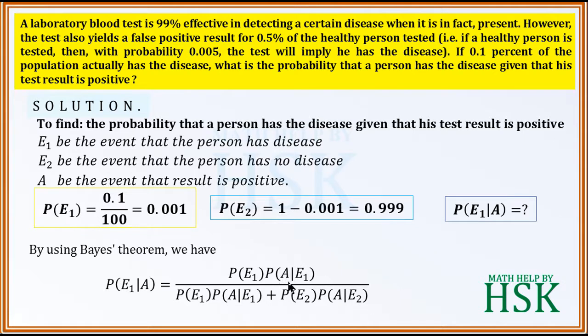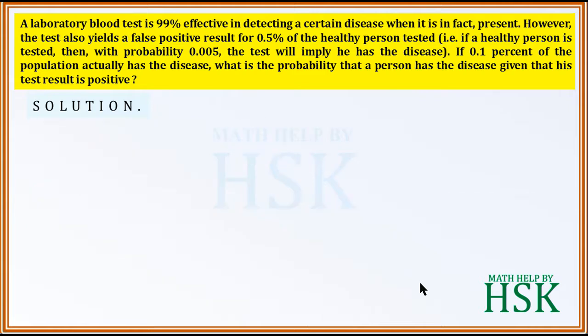Probability of A given E1 means that the result is positive given that the person has the disease, and probability of A given E2 means that the result is positive given that the person does not have the disease. So we are required to calculate these two probabilities to get the required answer.